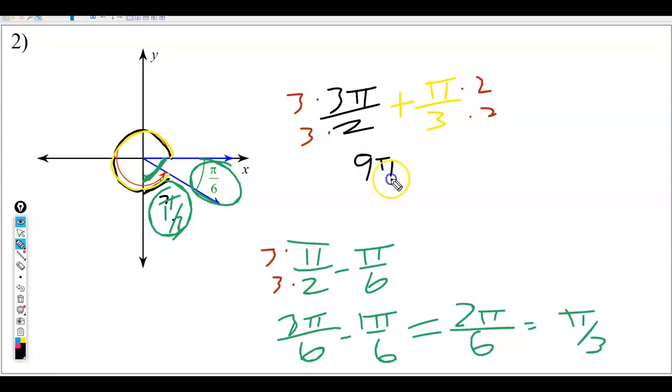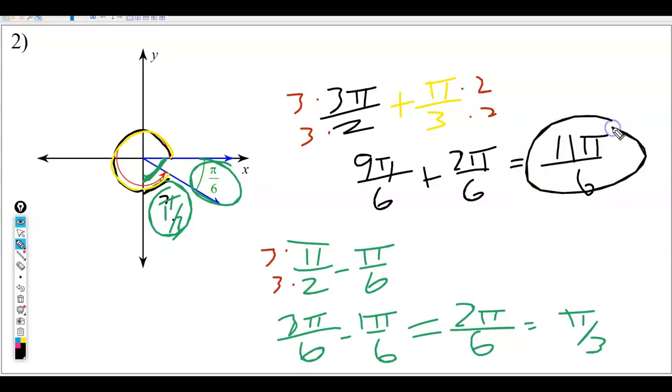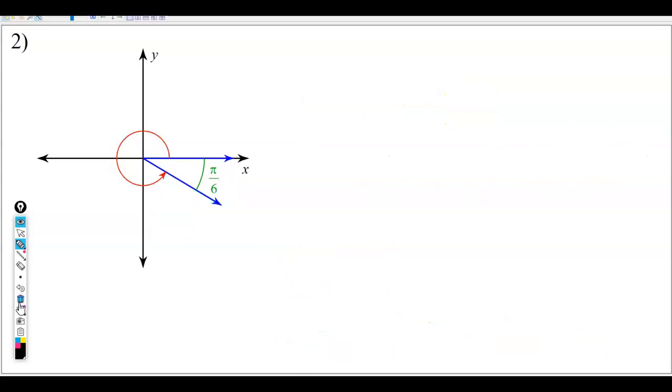So we have 9 pi over 6 plus 2 pi over 6, and that total measurement then would be 11 pi over 6. Okay, so sometimes you got to find missing angles and add everything all up, right? Go ahead and move on here.